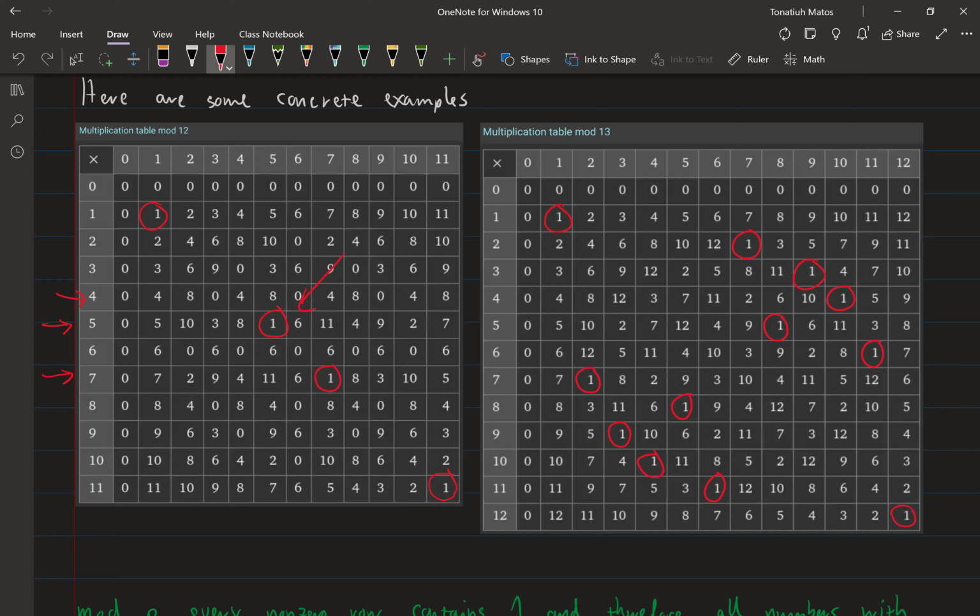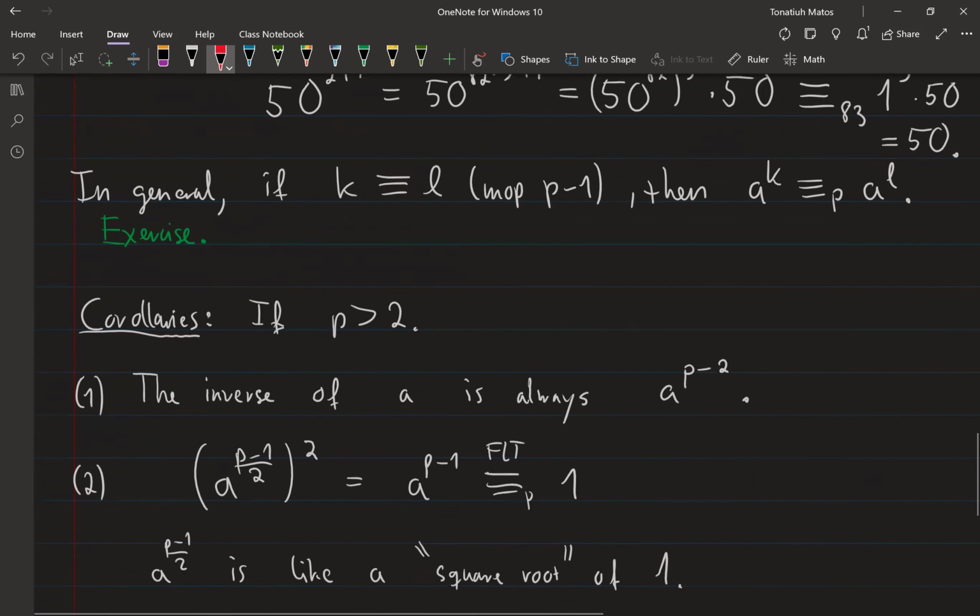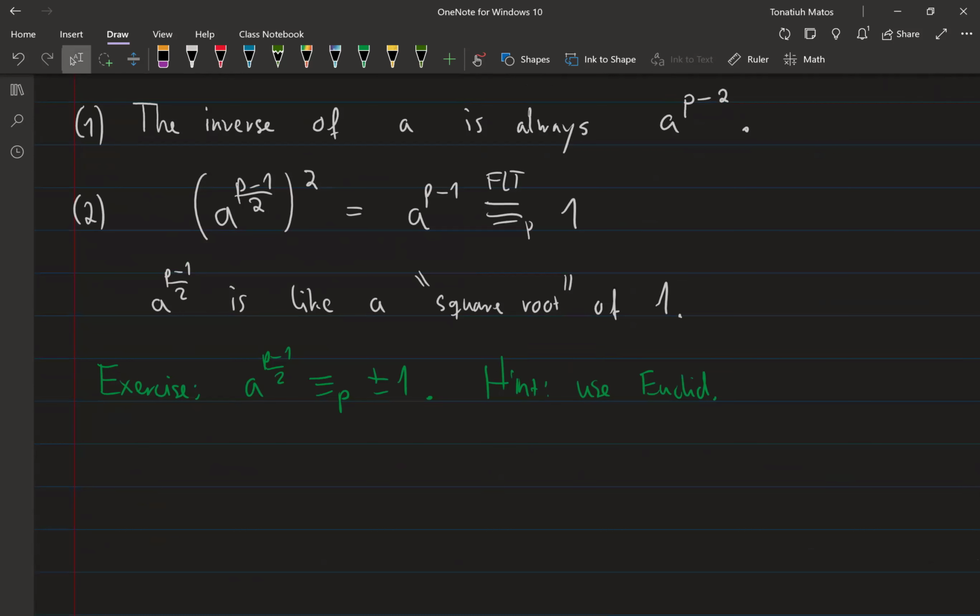So it isn't obvious at all, because in the real numbers, of course, it is obvious that the only square roots of 1 are plus or minus 1. But when you don't have a field, it isn't obvious that this is true. So you can try verifying this: if you have a number whose square is 1, then that number has to be plus or minus 1 mod a prime number.